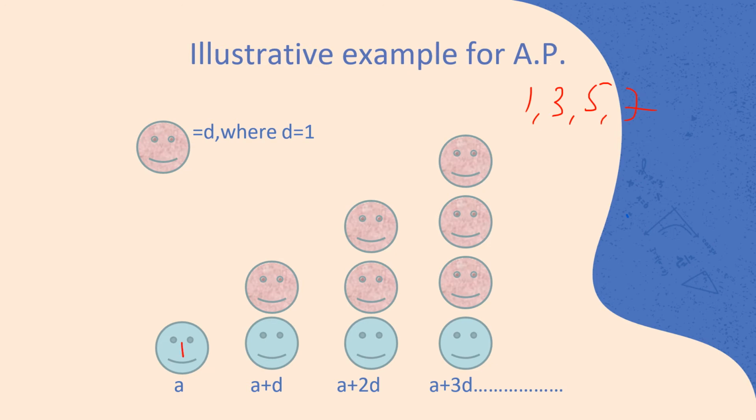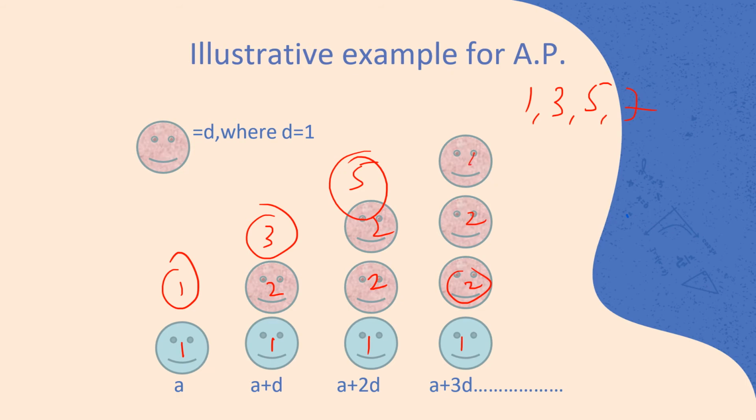A plus D, we know that D was 2 in that case, so 1 plus 2 is 3. If I say A plus 2D, A is 1 and this is 2 and this is 2, so here we have 5. Same thing, 1, 2, 2, 2, we have 7. So 1, 3, 5, 7.